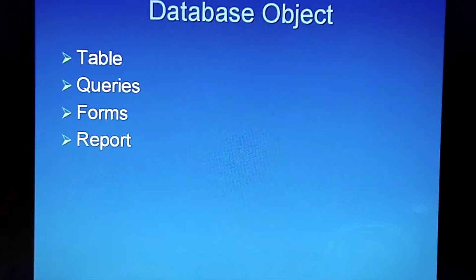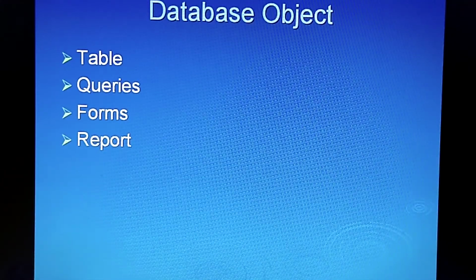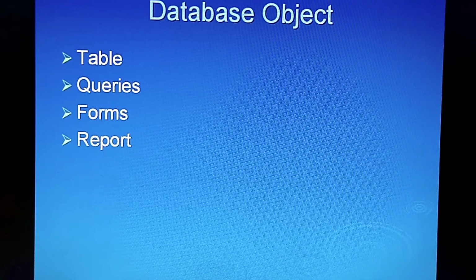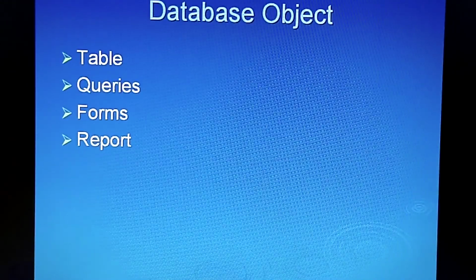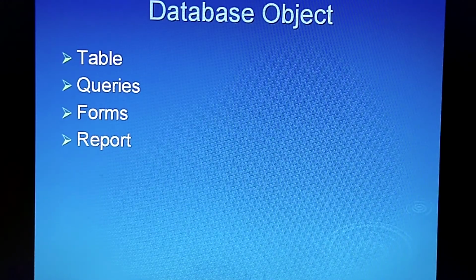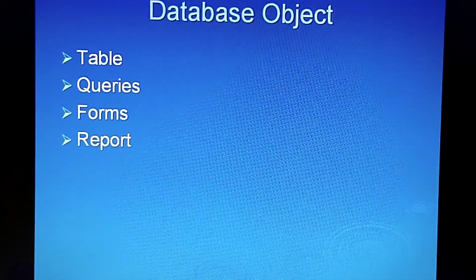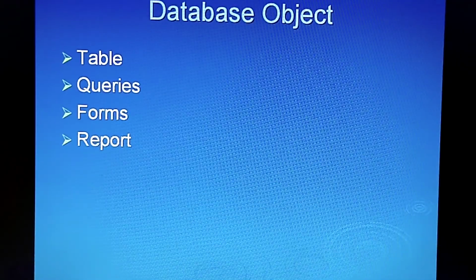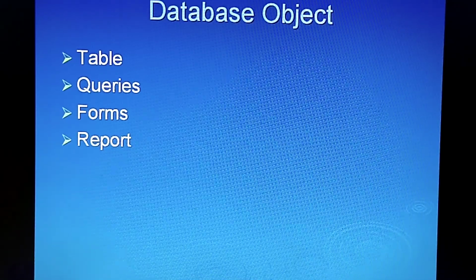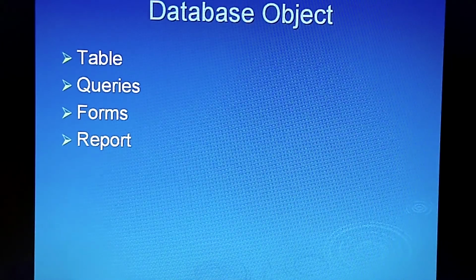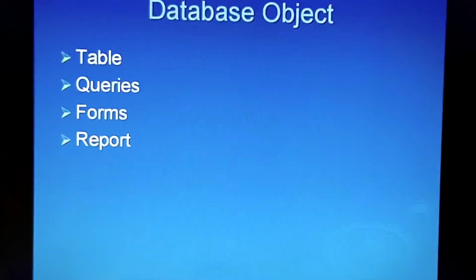Actually, the query is a process through which we are retrieving the data from the database depending upon the criteria given by the user. Criteria why required? Because if I don't tell which roll number I want to see, then it is very difficult for the query to bring the data for me.